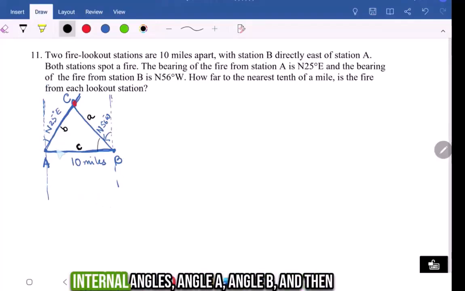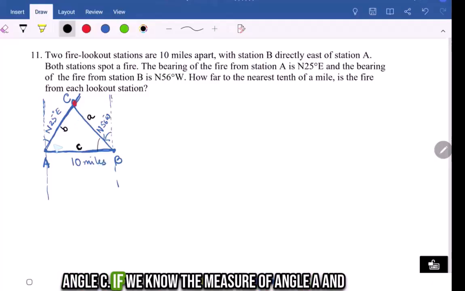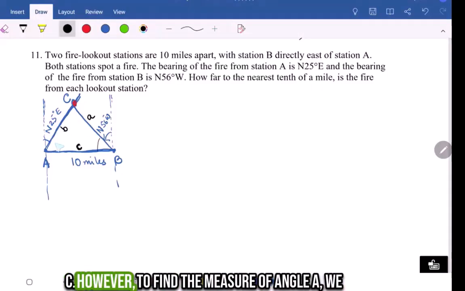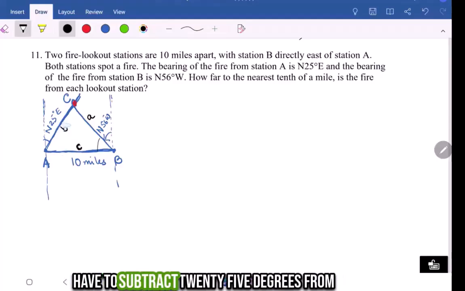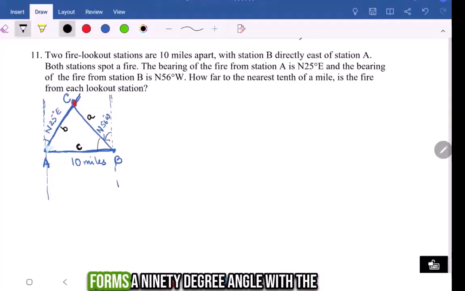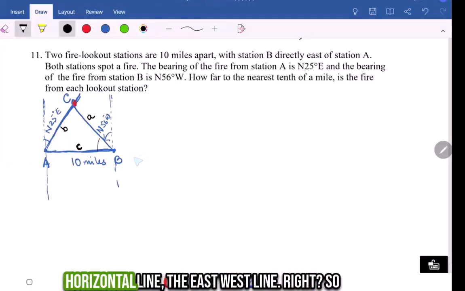We have to find the internal angles, angle A, angle B, and then angle C. If we know the measure of angle A and angle B, we can also find the measure of angle C. However, to find the measure of angle A, we have to subtract 25 degrees from 90 degrees because the north-south line forms a 90-degree angle with the horizontal line, the east-west line, right?